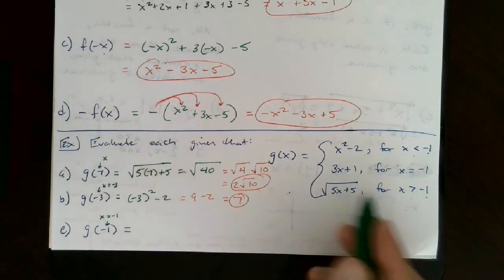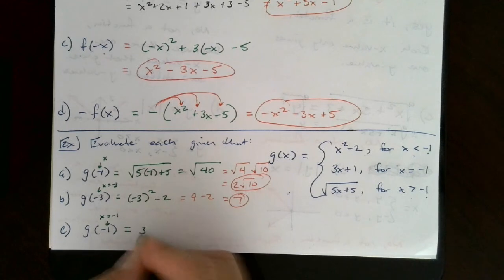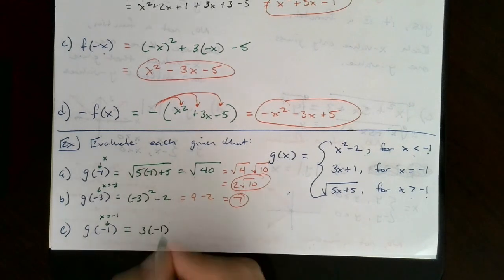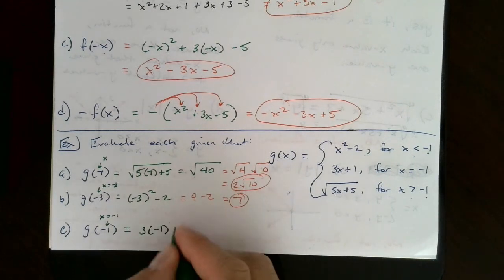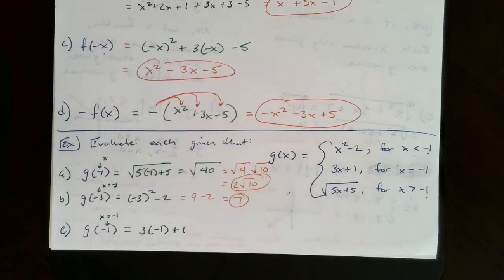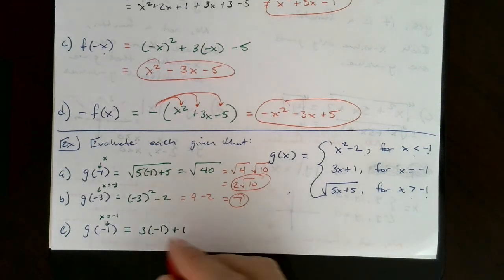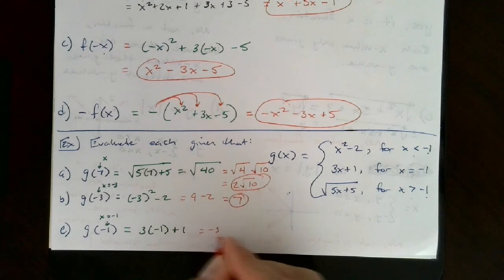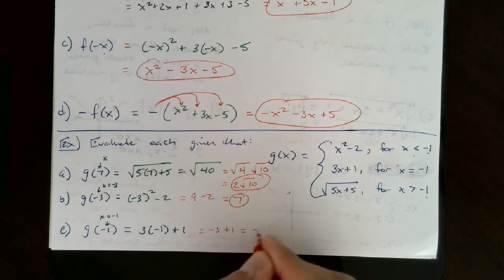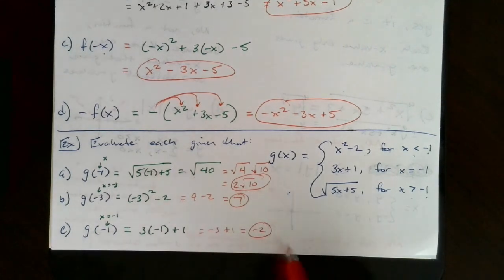To find the y value, we're using 3x plus 1, so it's 3 times x, which we know. Make sure you sub it in. 3 times negative 1 plus 1. 3 times negative 1 is negative 3, plus 1 makes this negative 2. So when x equals negative 1, the y value is negative 2. In other words, the point negative 1, negative 2 is on the graph.